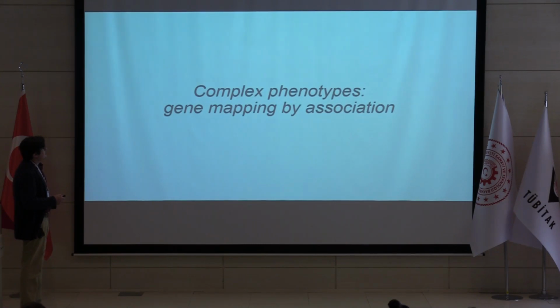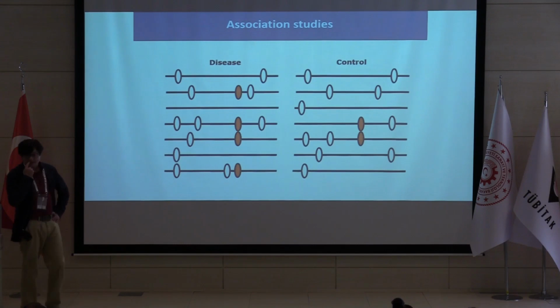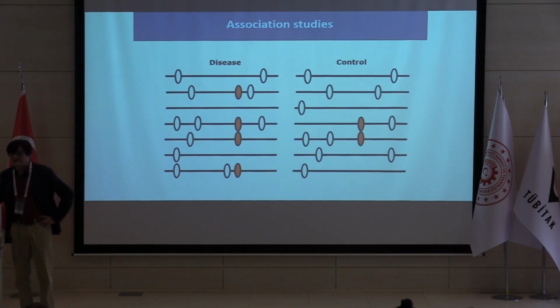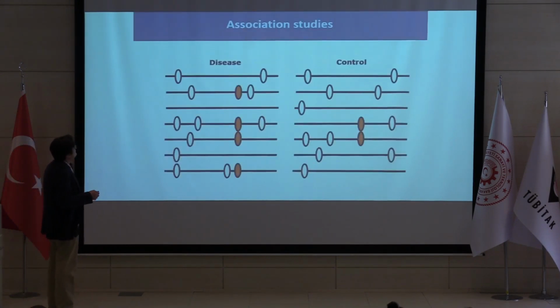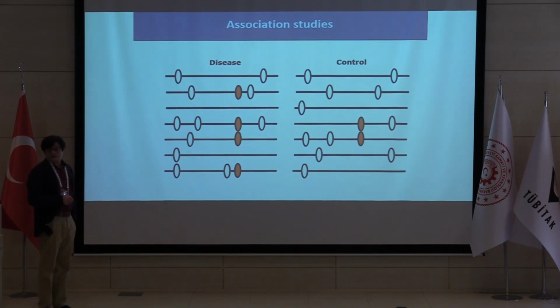And the whole idea of gene mapping by association, the conceptual idea, is very simple. It's much simpler than classic linkage, much simpler than many other variants of gene mapping. Right, so the idea is that if I have, for example, my disease cohort and I have controls, and I'm looking at certain variants, I can detect variants or alleles that are more common in one group versus the other.